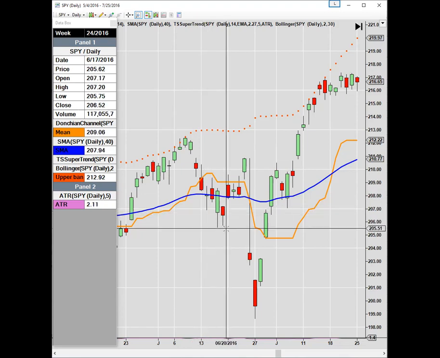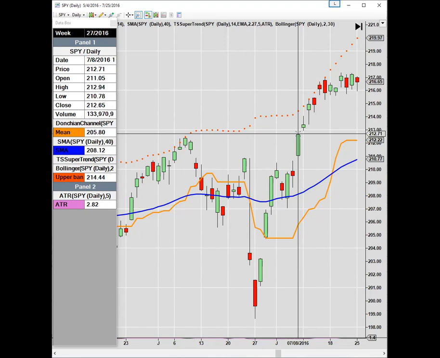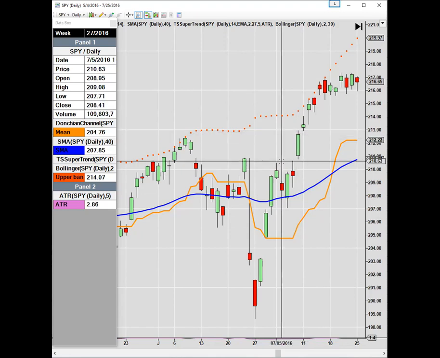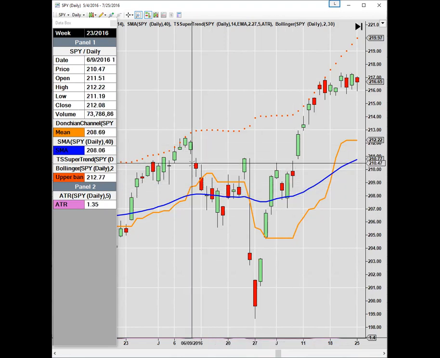Let's say you got in a couple of weeks later down here at 202. Your target is still the same. The only difference is your target is now that much bigger. These are the big profitable trades. You don't have to get in right at the open, at or below the open for a call.